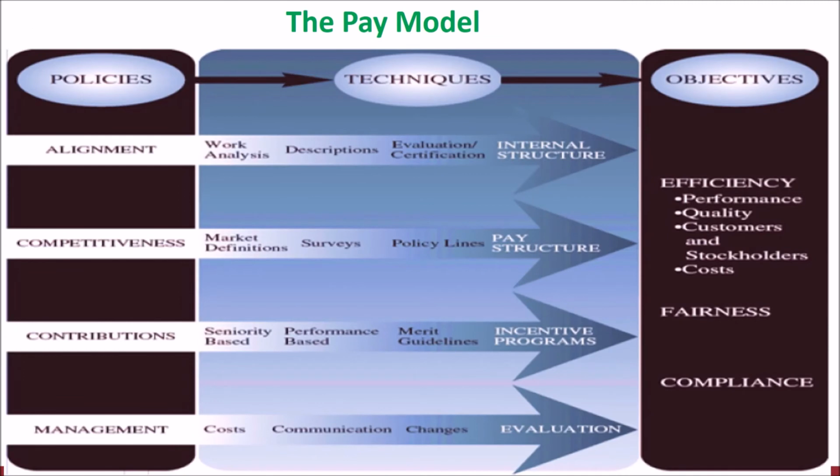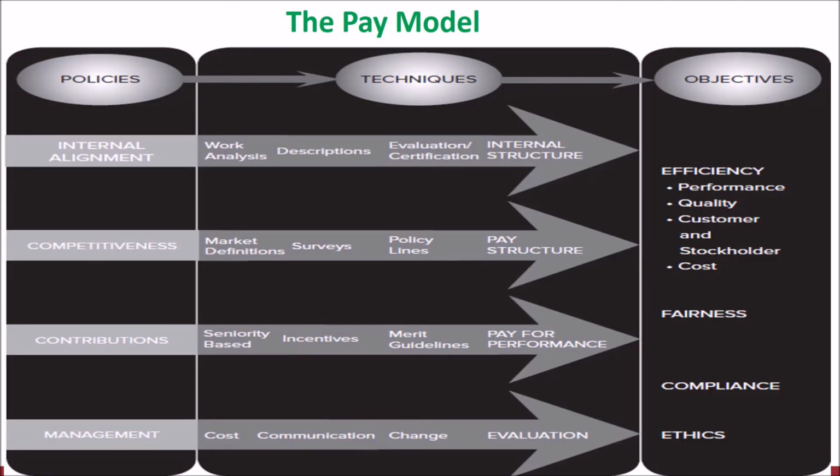Ultimately, these policies and techniques should be aligned with the overall objectives of the pay model, focusing on efficiency, fairness, compliance, and ethics. Efficiency also has the components of performance, quality, customer, and stockholder in the overall cost. So compensation policies work through employee incentive as well as the sorting effects to either achieve or maybe not achieve the overall organization's objectives.